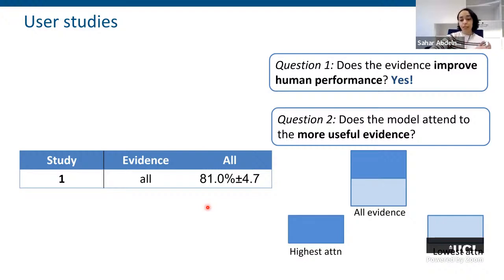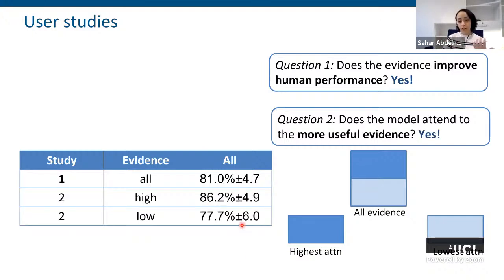And we found here that the group that got the highest attention achieved a higher detection performance compared to the other group. From that study, we might have a suggestion that the attention signal that we can receive from the model might also be really correlated with how important or how useful users found the evidence.